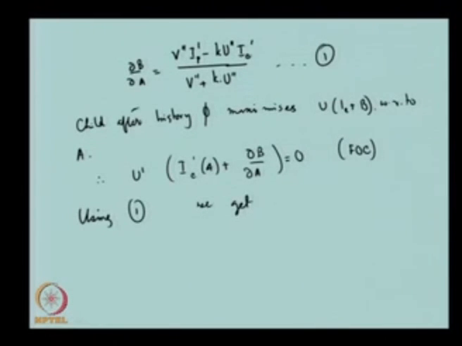After some manipulation, I am jumping the steps. IC dash plus IP dash is equal to 0, which means that IC plus IP is maximized with respect to A, hence the proof.